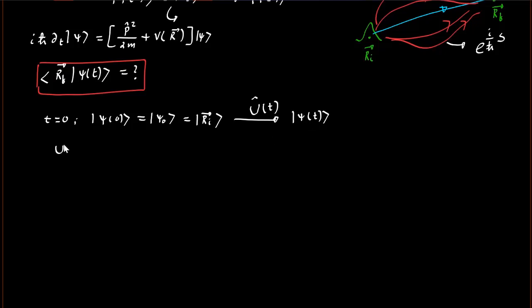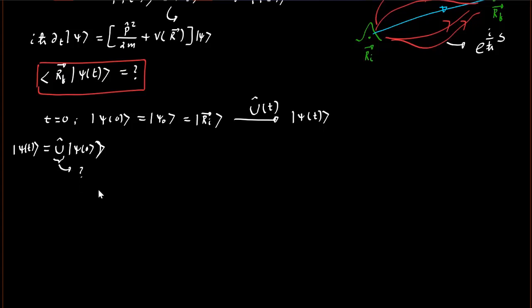So I can write this evolution operator acting on this initial state equal to this final state.